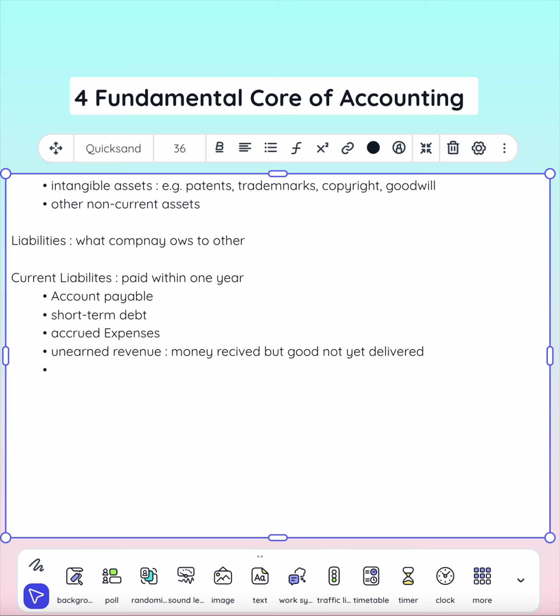You also have the current portion of long-term debt, the portion due within 1 year, and other current liabilities, other obligations that you need to pay within 1 year.